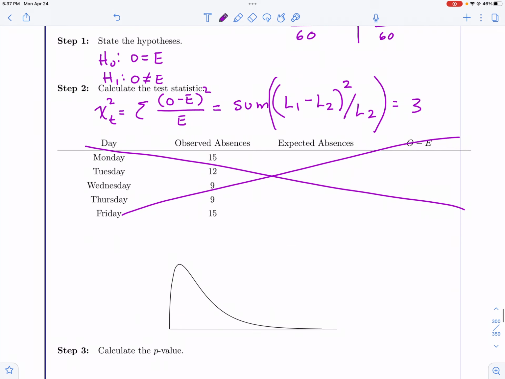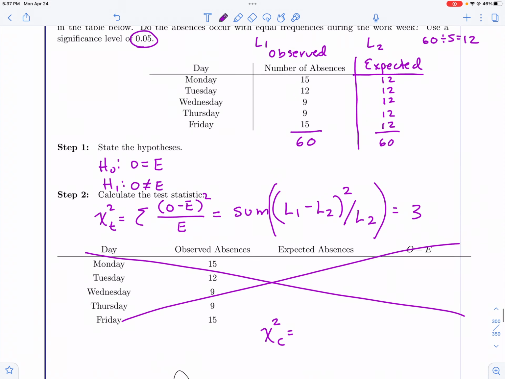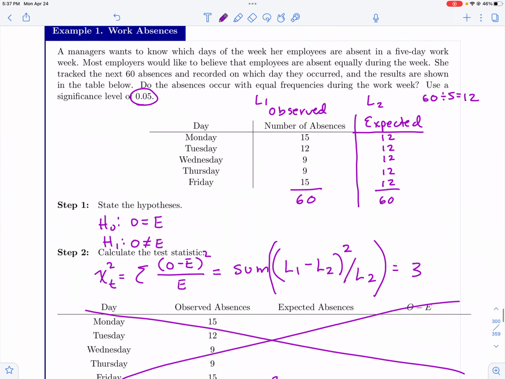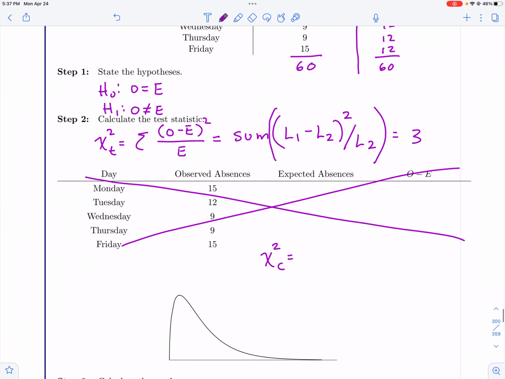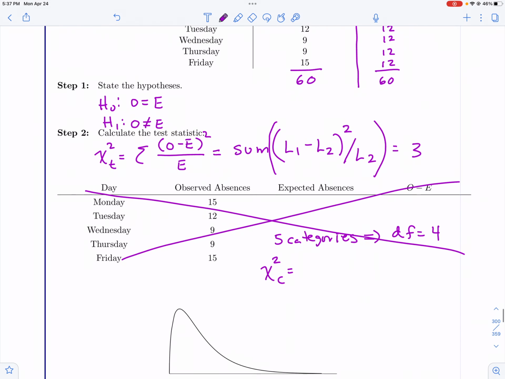So now let's go ahead and find our chi-squared comparison for this one. We know that we have 5 categories, Monday through Friday. And so that means our degrees of freedom is going to be 4 for this guy. And our alpha is 0.05.